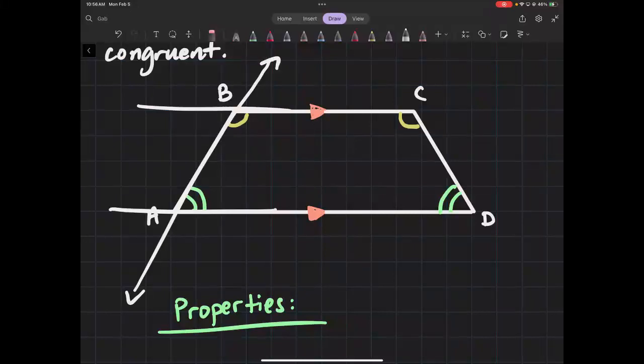Let me remind you: alternate interior, alternate exterior, consecutive interior add up to 180. That's why it's like this in a trapezoid. You guys see all the lines I drew?